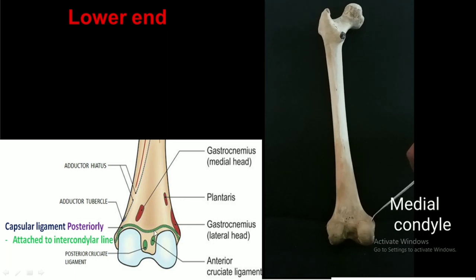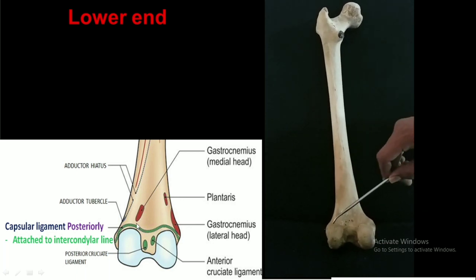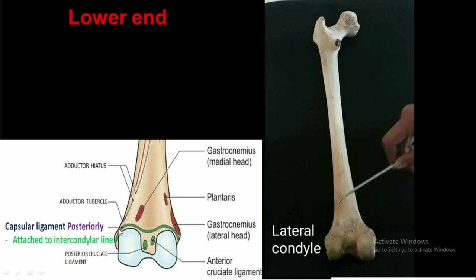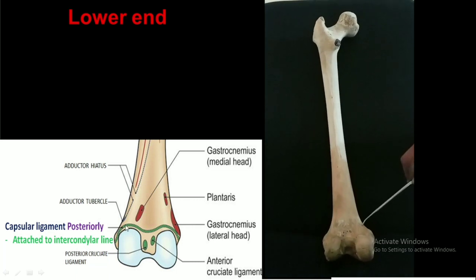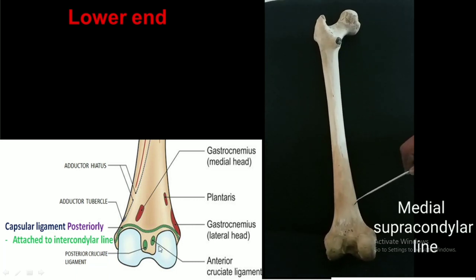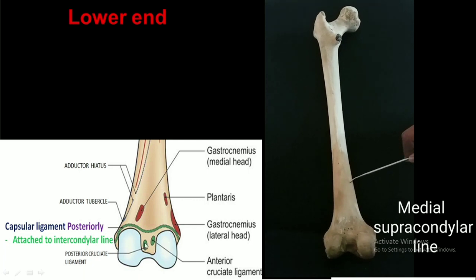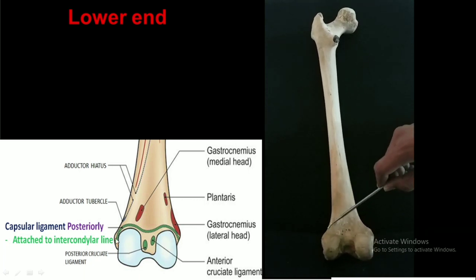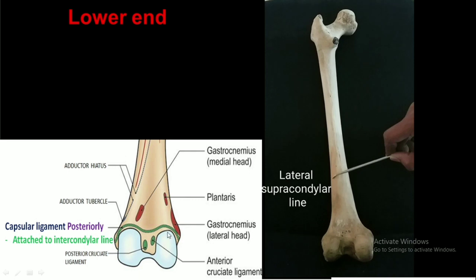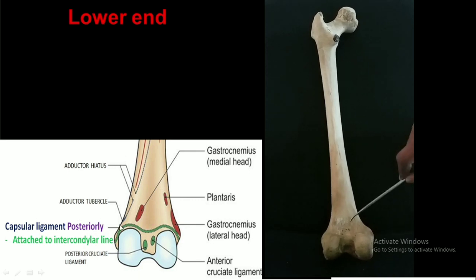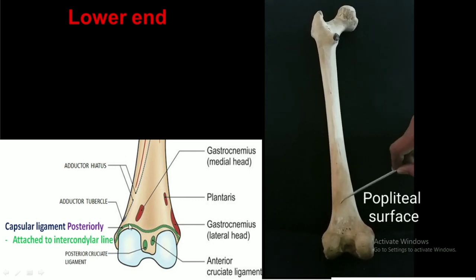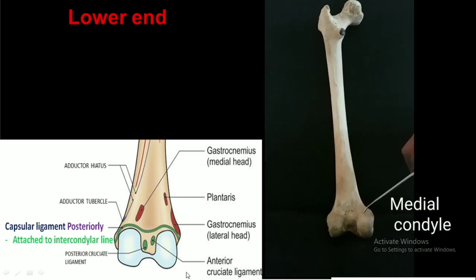In the intercondylar line, okay, this is the lateral condyle, this is the medial condyle. Over the intercondylar line, the capsular ligament is attached. Also there are two ligaments.